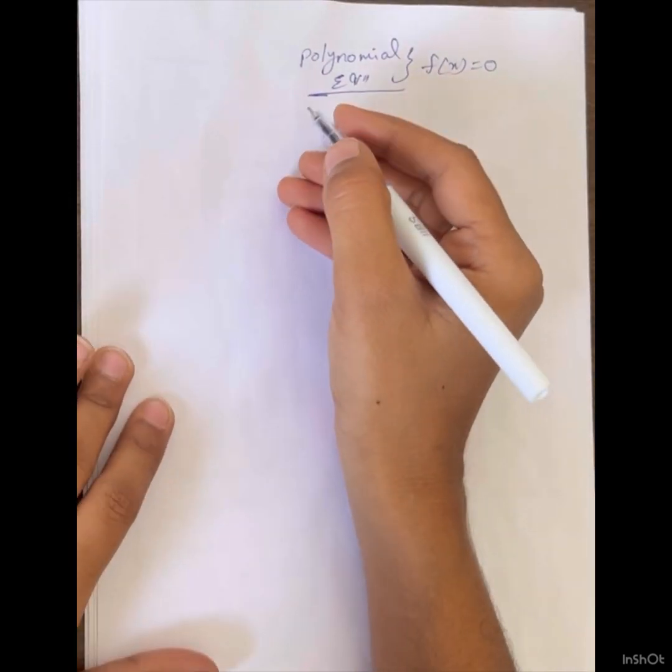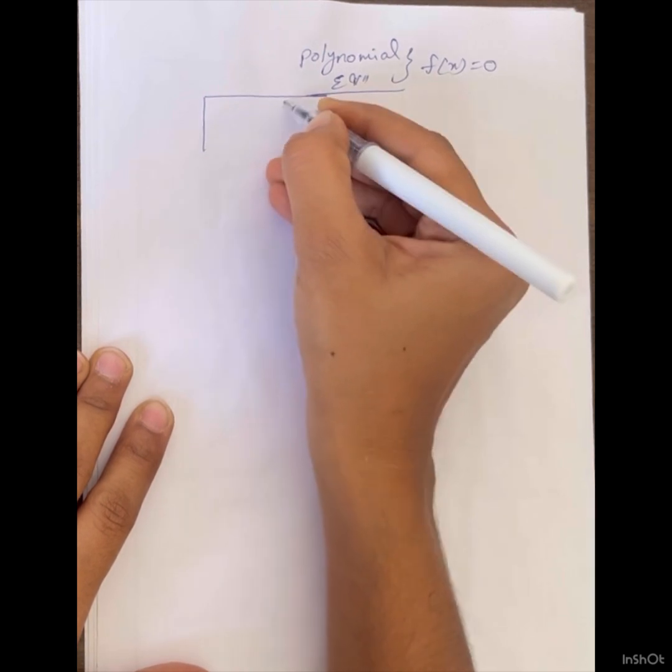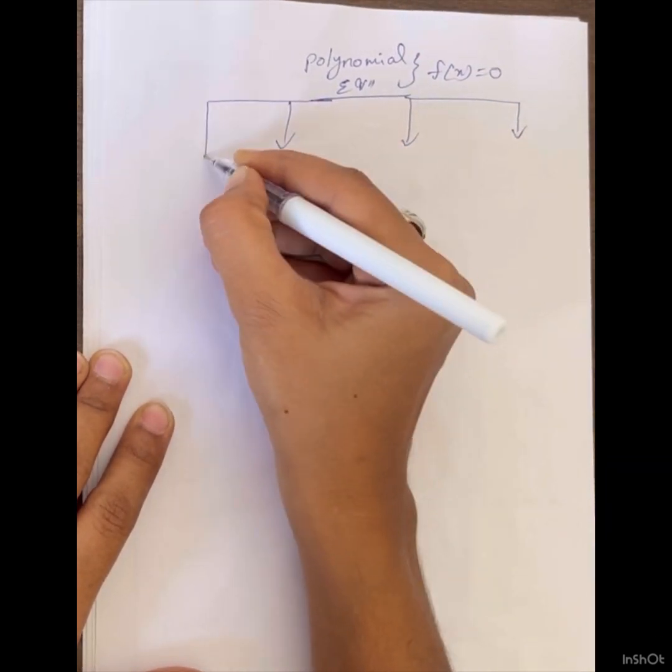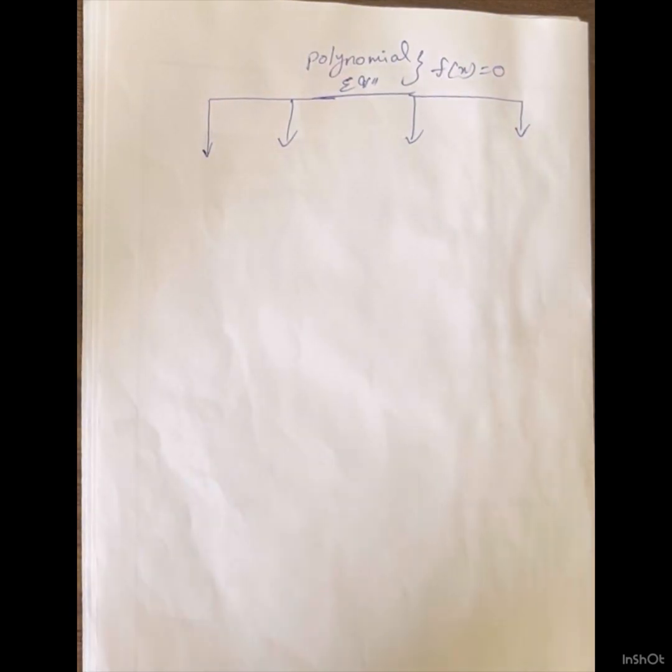Based upon the degree. So if the highest degree is 1, that is nothing but a linear equation. So I am writing here, let us see. The types of polynomial equations must be based upon the highest degree value only.